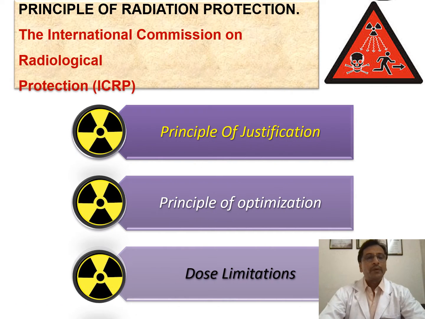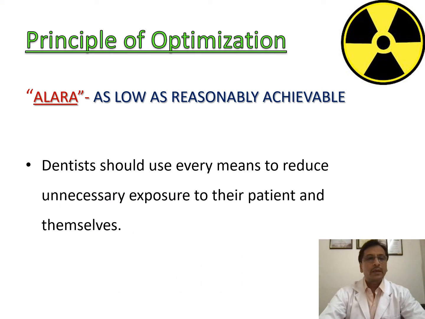So when we talk about radiation protection, the International Commission on Radiological Protection has formulated a few principles. One is the principle of justification, and then the principle of optimization and dose limitation. The principle of optimization says that although we need to use radiation for various reasons, we need to follow the principle of as low as reasonably achievable.